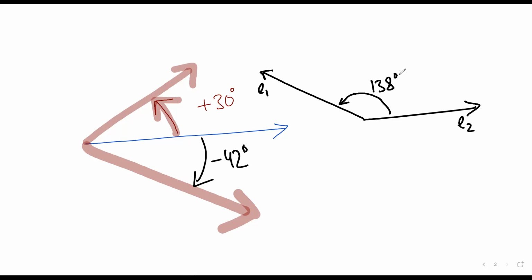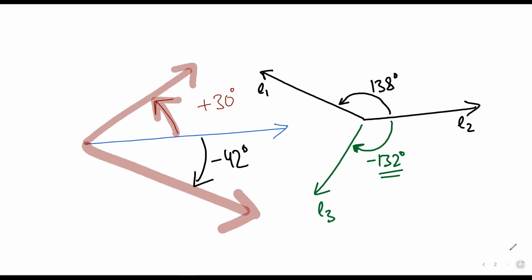Any doubt till here? No. But if I want to measure the angle between this line L2 and L3, and I want to follow this direction, any doubt, then this angle would be negative. Any doubt till here? No.